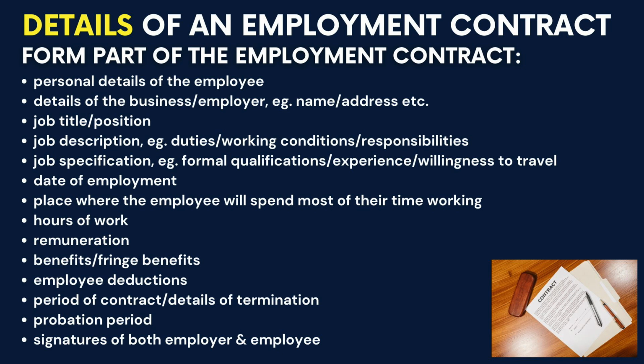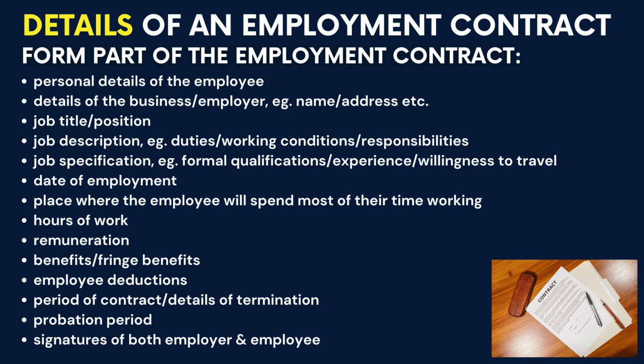It needs to have the place where the employee will spend most of his time working and the conduct of their working activities. It needs to include working hours, for example, the normal time and overtime. It needs to include remuneration, for example, are they going to be paid weekly, bi-weekly, fortnightly, or monthly?